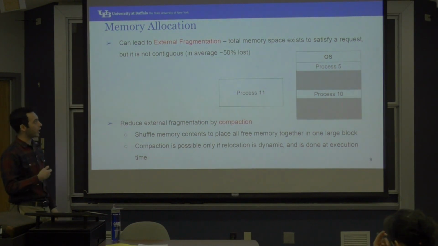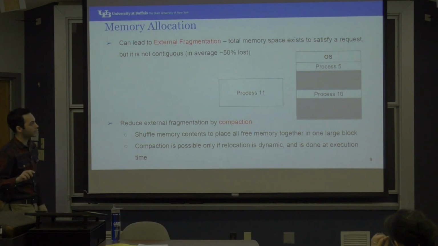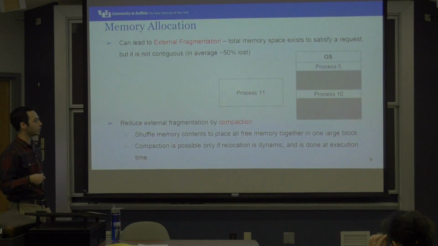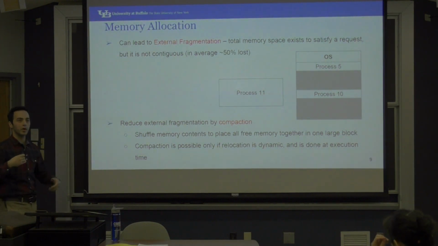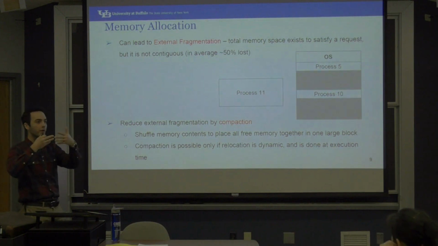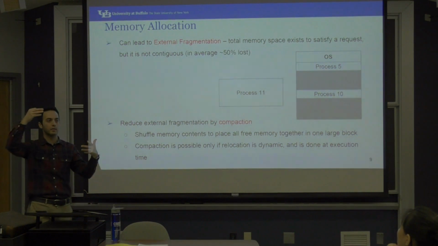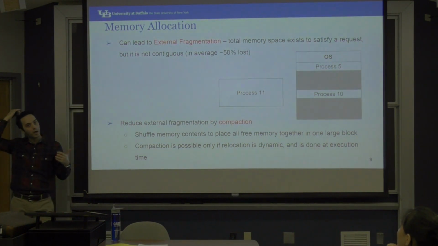One way to deal with that is compaction, which is moving things around a little bit. But that can only happen if you can do it at execution time. When a process is in memory, how are you going to move it somewhere else in memory without altering its functionality, right?